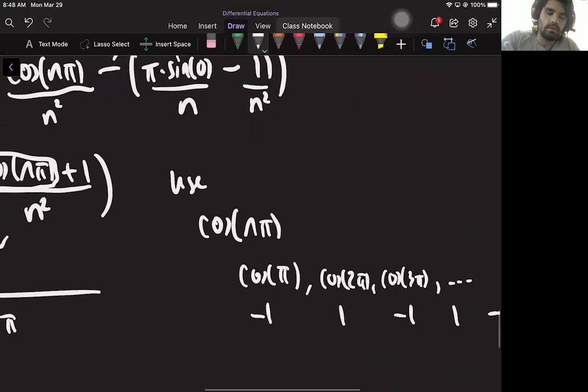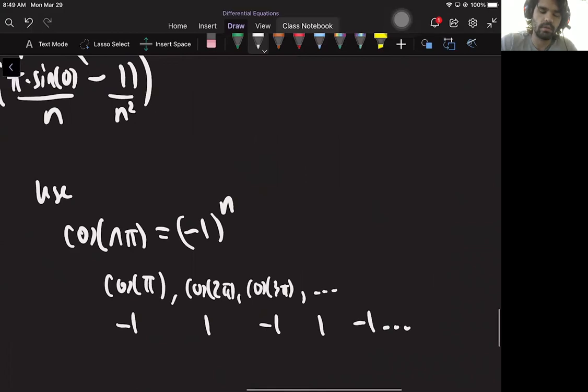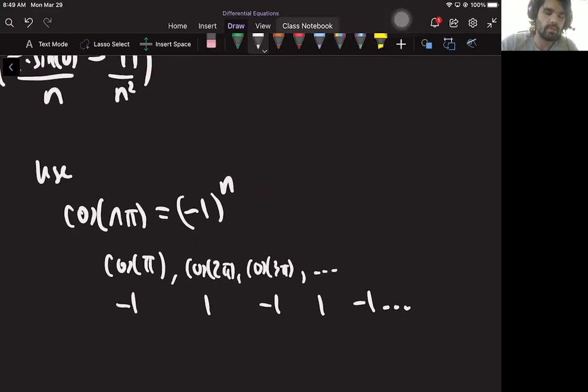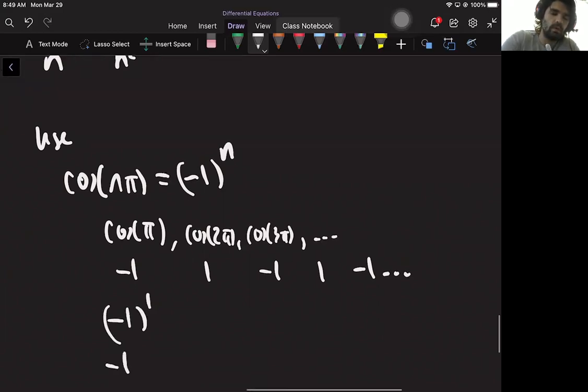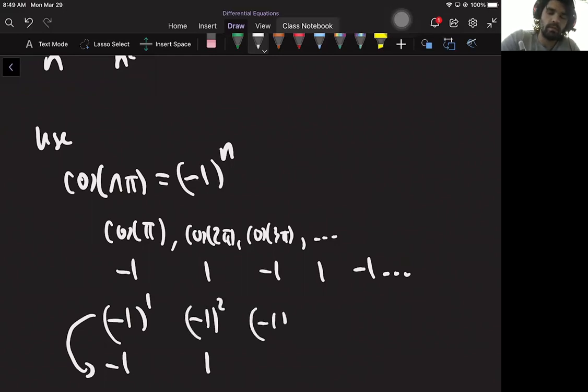So what I'm going to do is rewrite this as -1 to the power of n, and that will do the same thing. Because if I plug in 1, I get -1. And if I plug in 2, I get 1. If I plug in 3, I'm back to -1. So it's the same pattern.